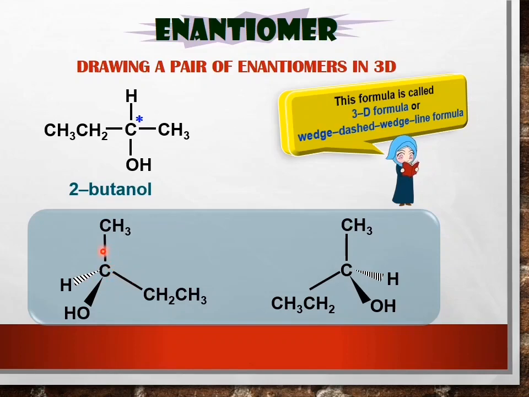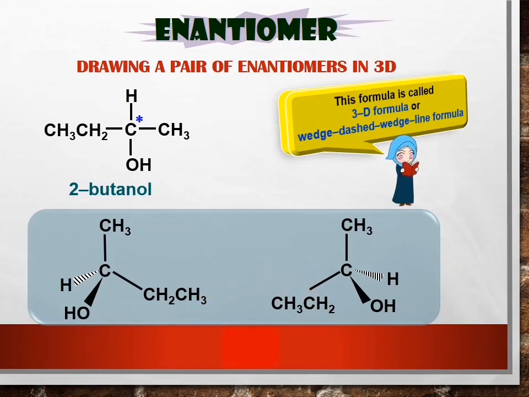Look, we have a line here at the top, a line here also, here we call a wedge line, and here we call a dash line, and then we put all the groups of atoms here. Anywhere you can put them, but make sure the position is in tetrahedral shape. After that, you draw the mirror image of this compound.